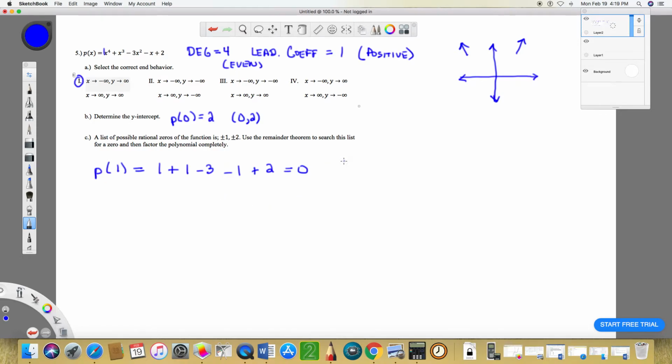So let's go ahead and do synthetic division on this, because the result of synthetic division helps us to factor it. So 1, 1, negative 3, negative 1, and 2.